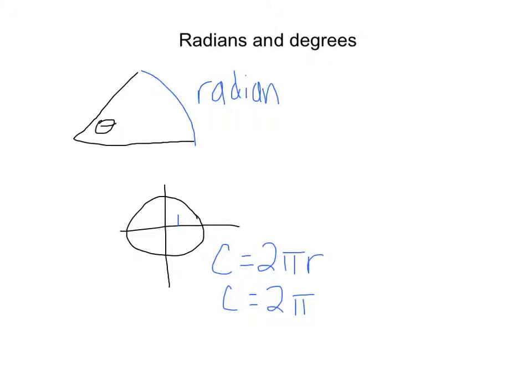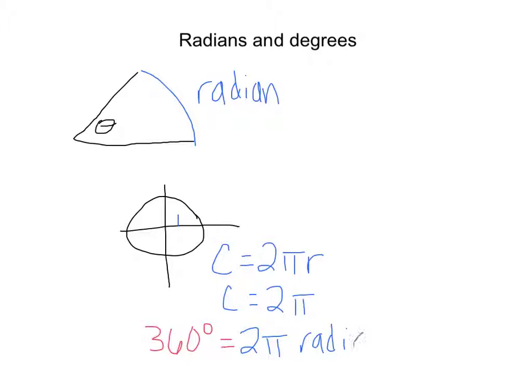So a full circle around is the equivalent of 2 pi. A full circle in degrees is 360 degrees. So that means that 360 degrees is equivalent to 2 pi radians.